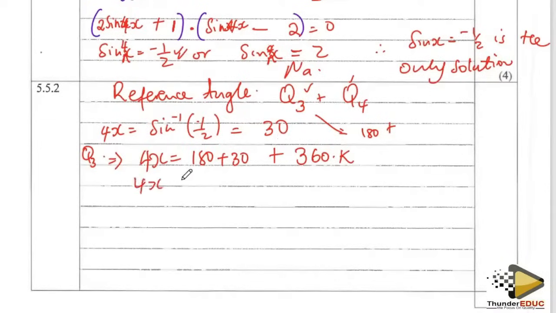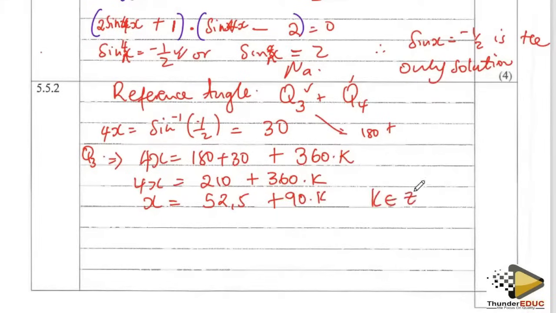So which means our 4x is going to be 210 plus 360 times k. We divide through by 4, we get x alone. What is 210 divided by 4? That's 52.5. Plus 360 times k, oh, even 360 must be divided by 4. What's wrong with me? So that's going to be 90 times k. k is an element of integers.